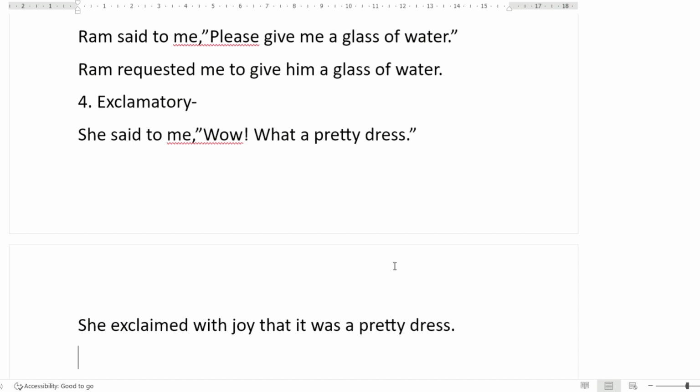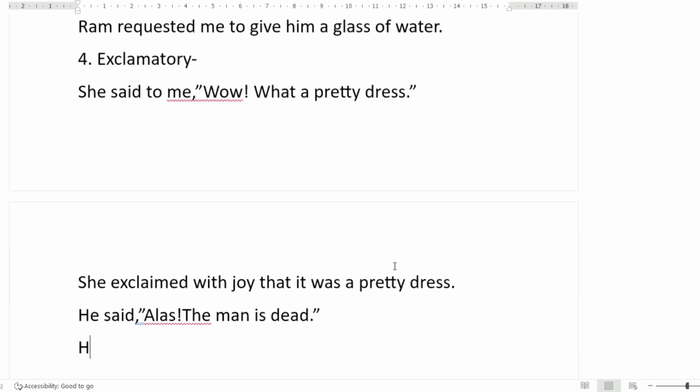One more example: He said, alas, the man is dead. What is the feeling over here? Sorrow. So he exclaimed with sorrow that the man was dead.